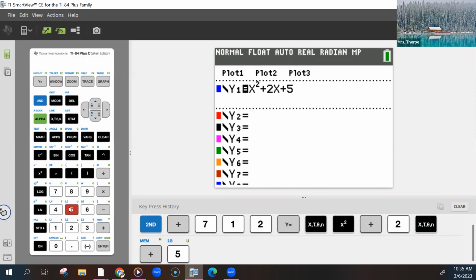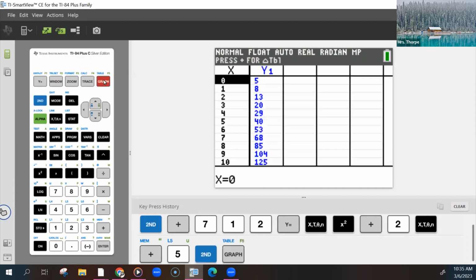Once you have this in your y equals, you're gonna go into your table, second graph. And then remember on your graph, you're looking for the y values that repeat. And you're looking for the middle of all those. So here, you may have to scroll up or scroll down.